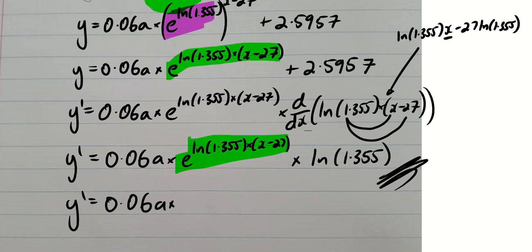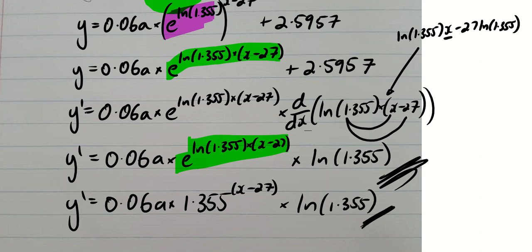So using the reverse process, I can rewrite this as just 1.355 to the power x minus 27 multiplied by natural log of 1.355. That's what it looks like differentiated, assuming a is just a constant. So effectively, it's similar to differentiating with base e, but we're out by a factor of natural log of the base, so I need to multiply by that factor.